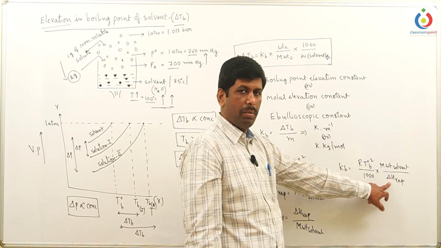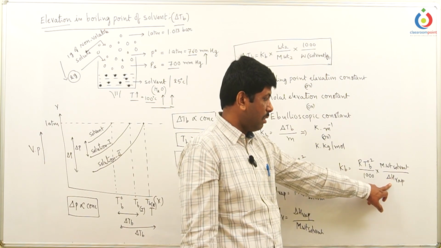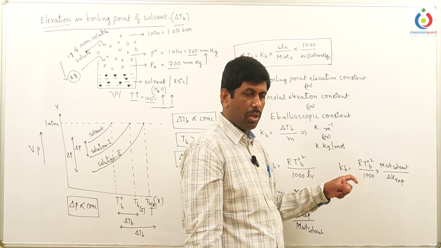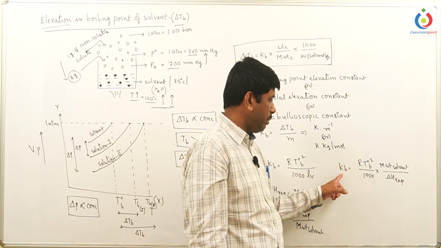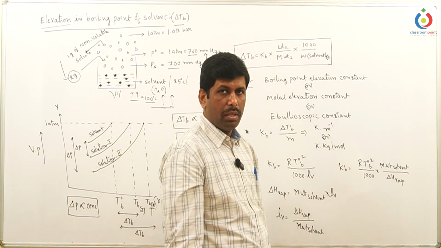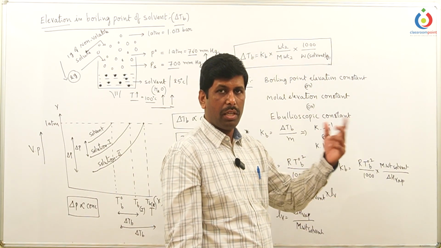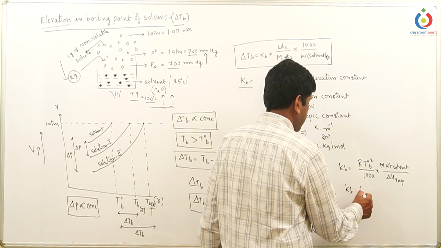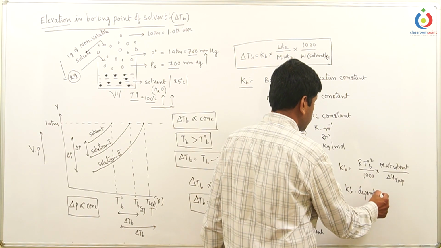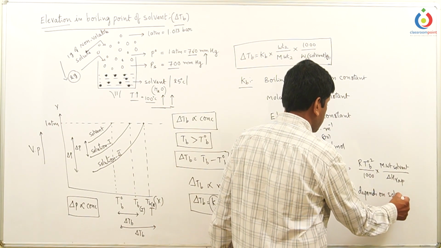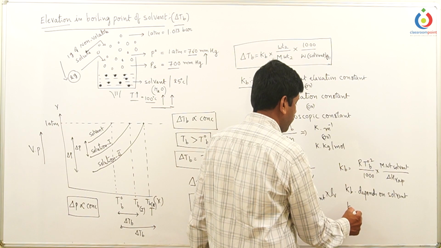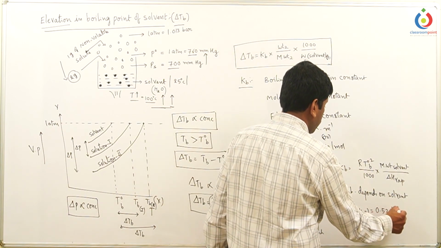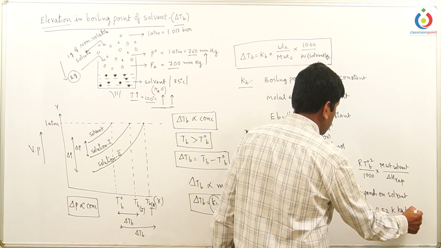Delta H evaporation for a particular substance is constant, R value is constant, boiling point of this particular solvent is constant, 1000 is constant. So KB value depends on the solvent. If the nature of the solvent changes, its molecular mass also changes. So KB depends on the solvent, and KB for water equals 0.52 kelvin kg per mole.